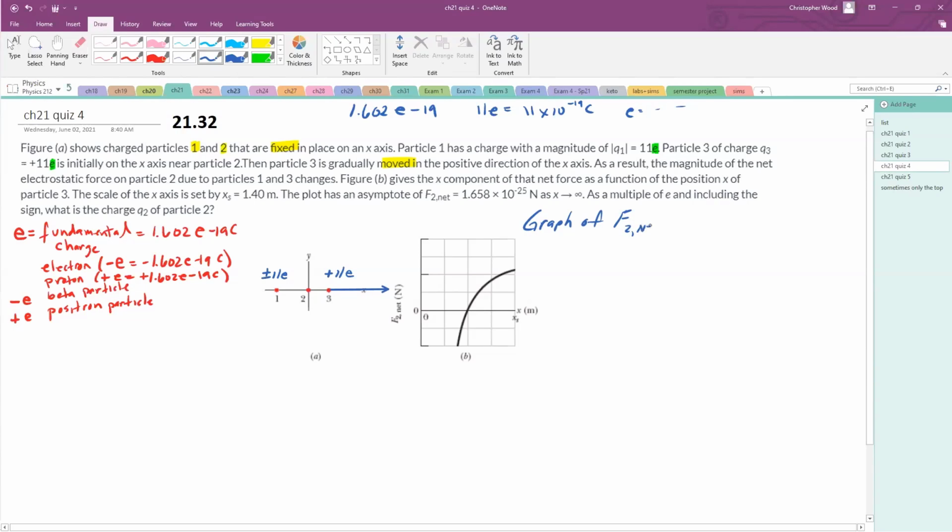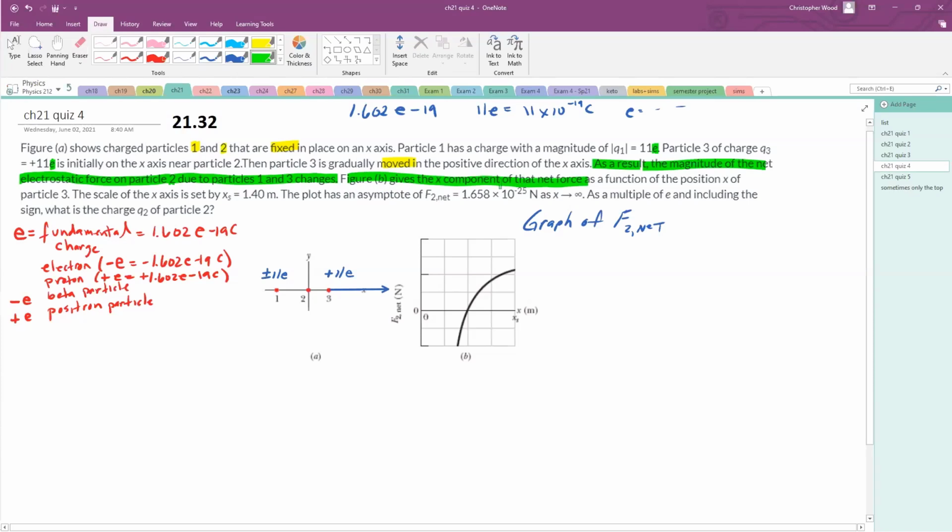Let me double check that. Q3 is moving in the positive x direction. As a result, the magnitude of the net electrostatic force on particle 2 due to particles 1 and 3 changes. Figure B gives the graph of that net force.